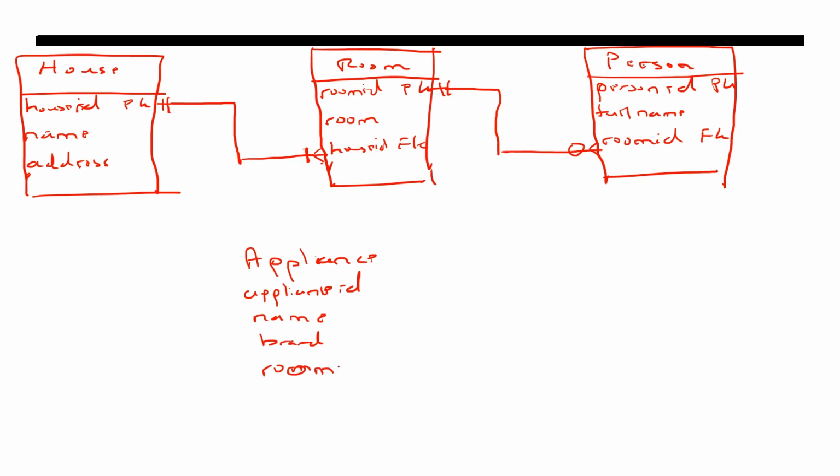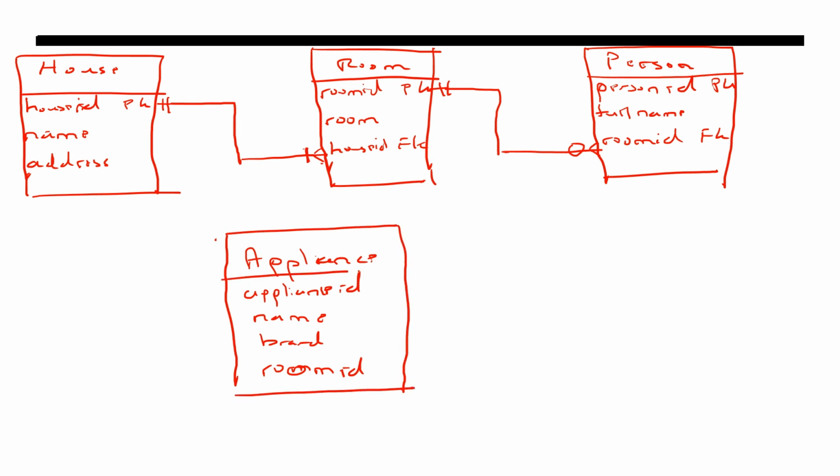For example, if an appliance is located in the kitchen, or if an appliance is meant to be in the bedroom or things like that, this is what we have. Obviously, the appliance ID, as I mentioned to you, is a primary key, and here the room ID is a foreign key. So what do we want to do now?